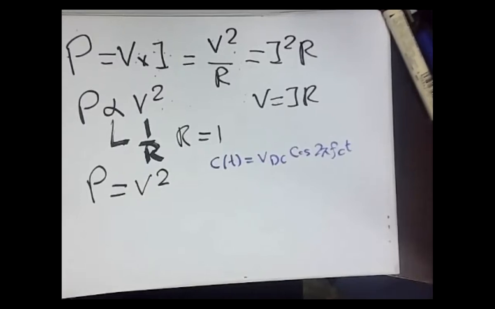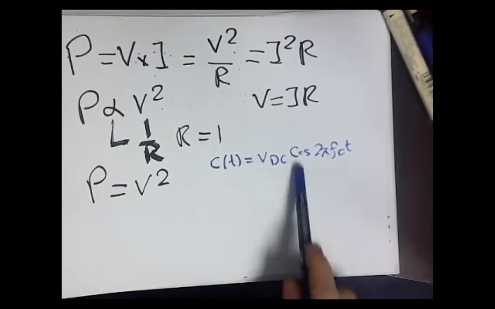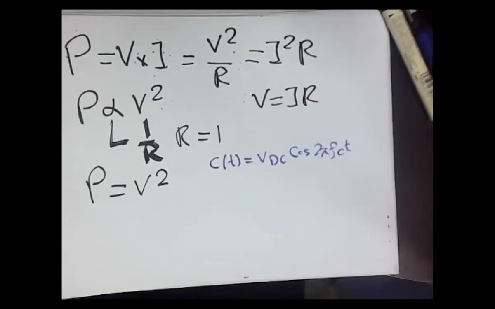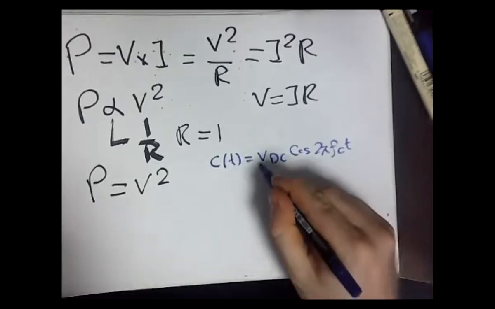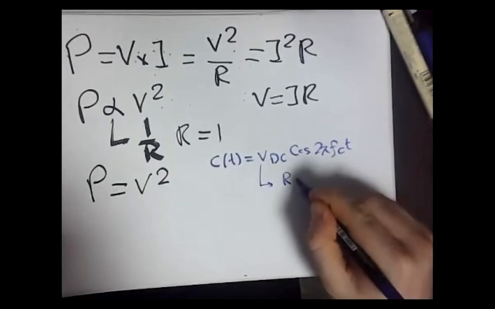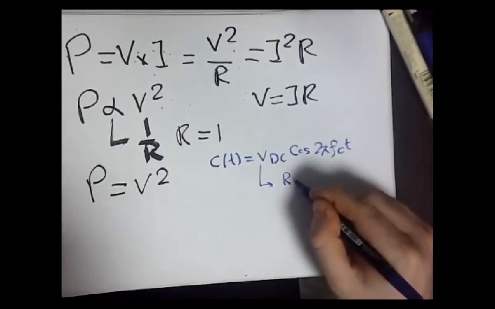Now, for this carrier, you have two choices. What is this V_DC? Is it an exact value? Of course, nothing is exact. Sorry, not random.